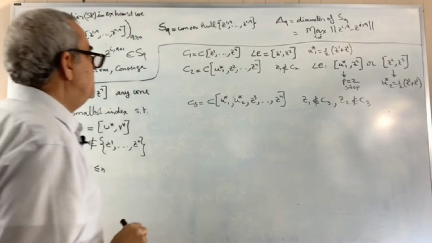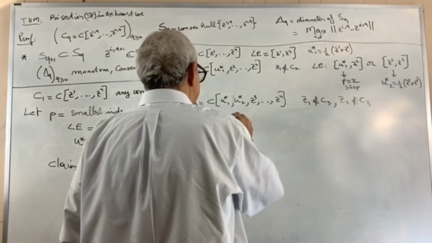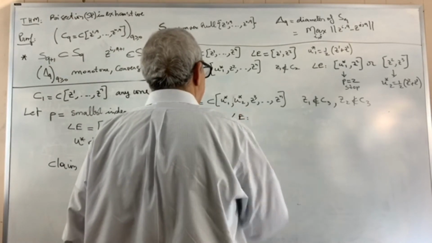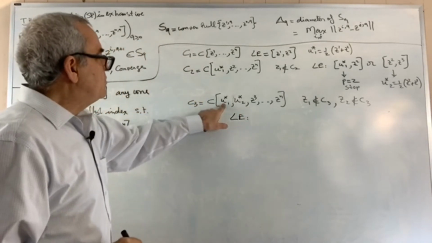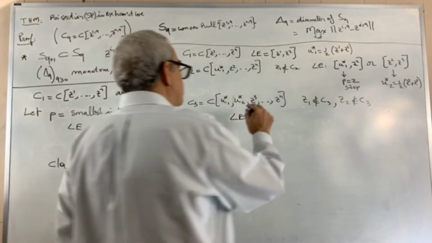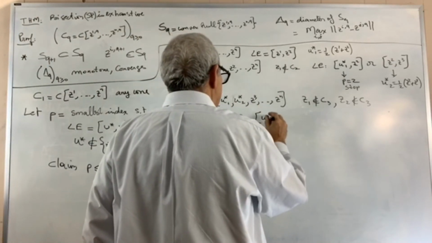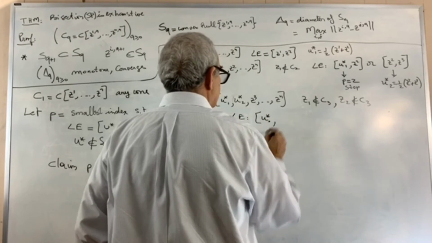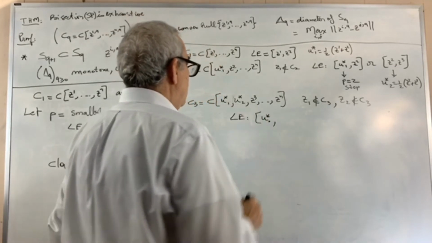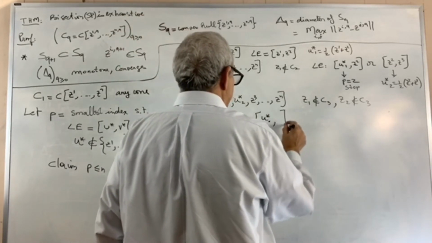And now again, for the longest edge, two cases, right? It involves one of these two, so it's of the form U star dot, where the dot could be either 1 or 2, and here I don't care what the other vector is.